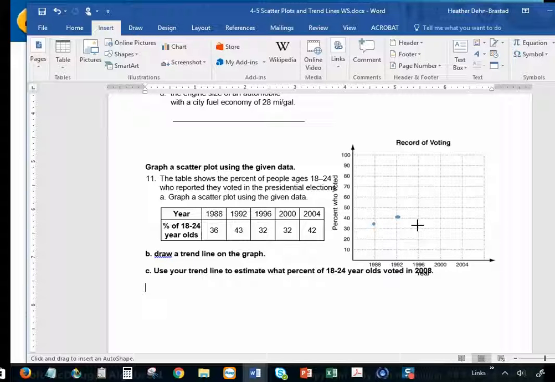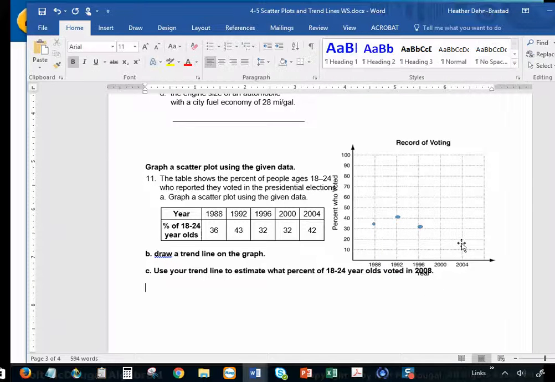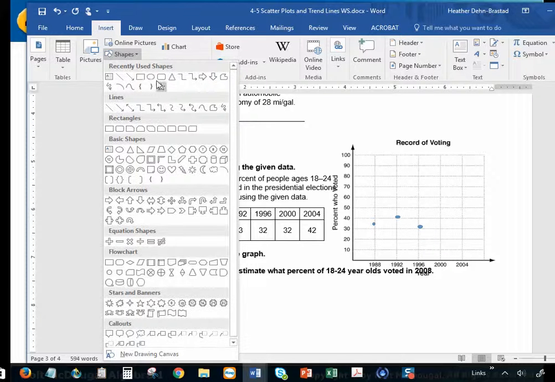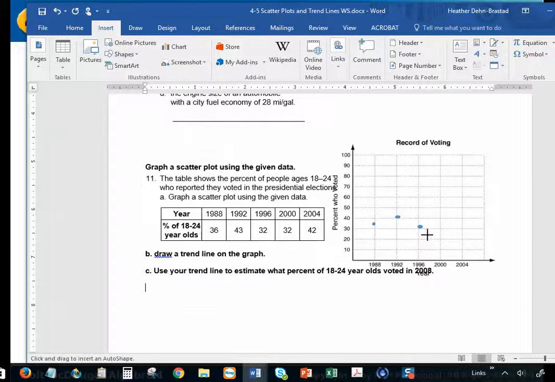So that's just above the 30. Just draw a little circle. And it's okay if these aren't exactly all the same size. And then I'm going to grab another one. And you could use a star shape if you want, but I'm just trying to make a circle. This is 2032. Oh, that's the same spot.